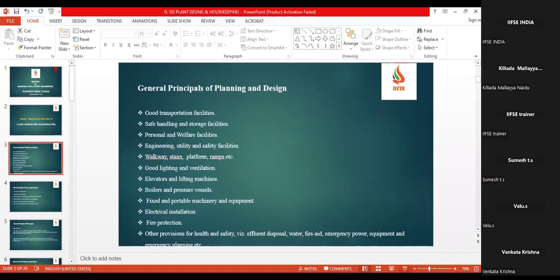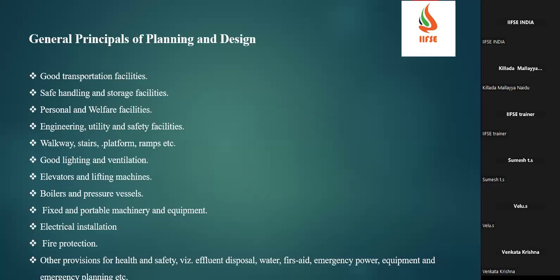First of all, we'll try to understand the general principles of planning and design, and what is to be considered while designing a specific plant or a unit.